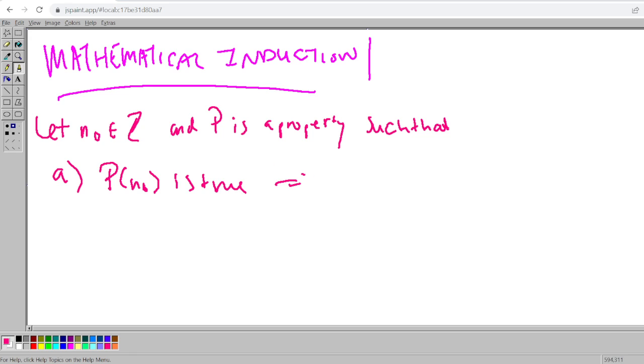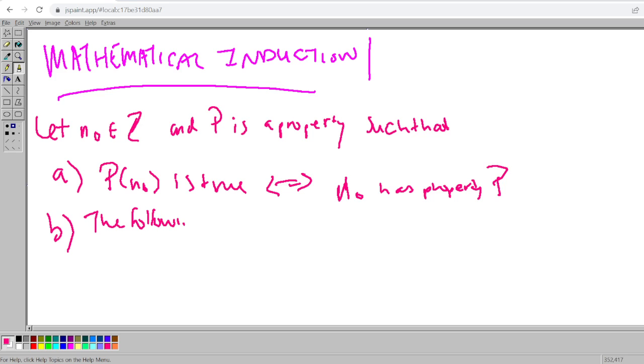which basically is saying that n naught has property P, and the following conditional statement is true for all k in Z with k greater than or equal to n naught. That is important.